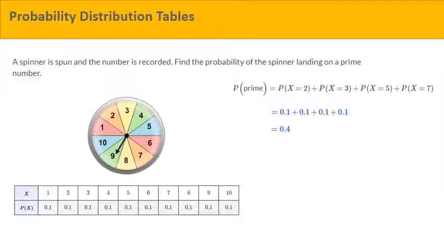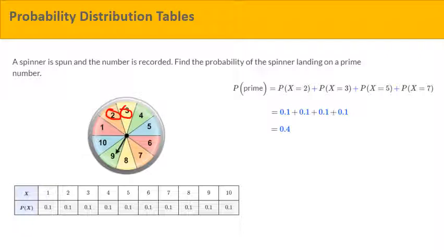Alright, so here's another one. The spinner has spun, and we've got the number recorded at the bottom. Find the probability of the spinner landing on a prime number. Let's go back and review what prime numbers mean. They're only divisible by 1 and itself. So we got 2. Now, 1 is not a prime number.